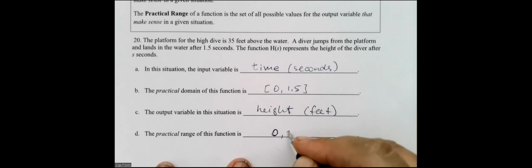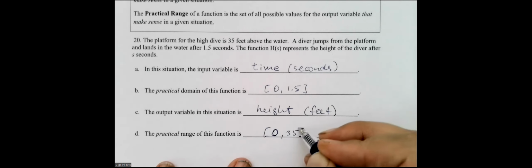So our range would be from, he starts from 35 feet above the water and lands in the water where the height is 0. So the practical range would be from 0 to 35. We put the lowest value first, even though he starts with 35.